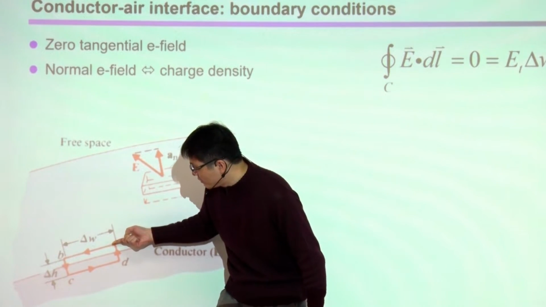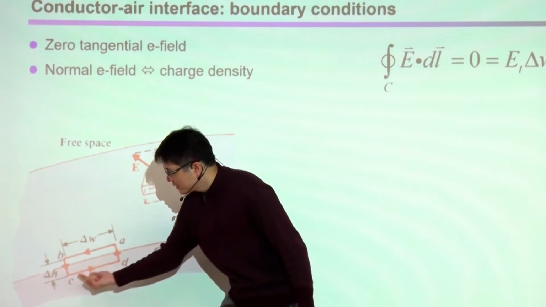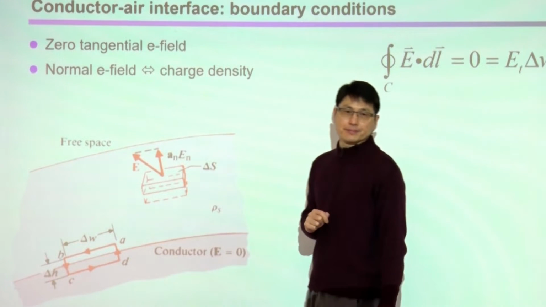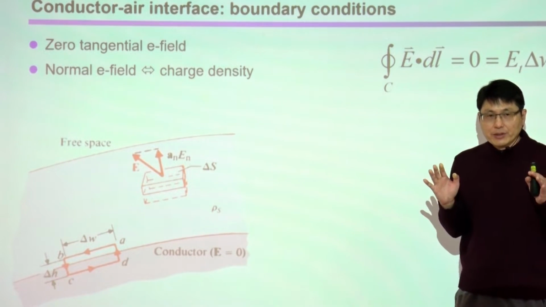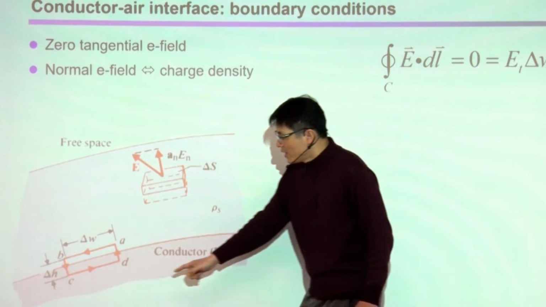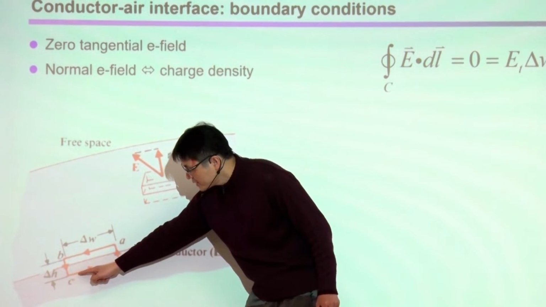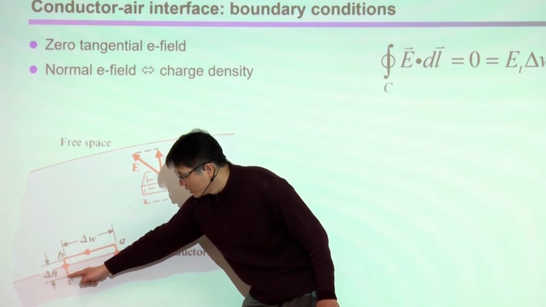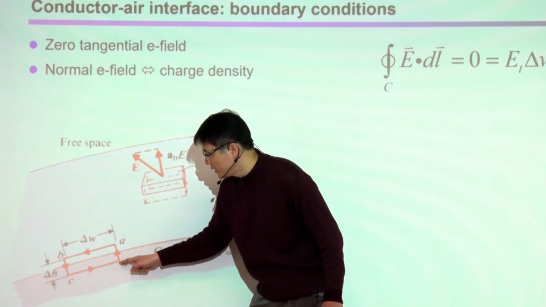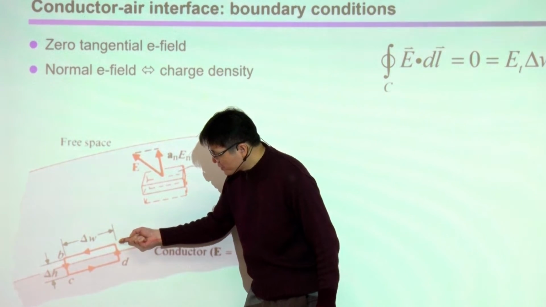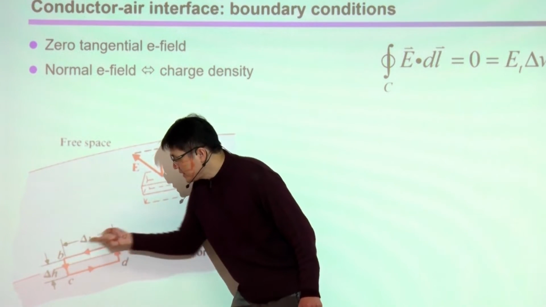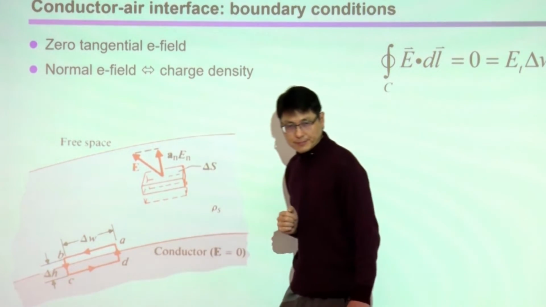You only need to evaluate the top segment and the bottom segment. So you only have to calculate the line integration of the E field inside the metal along the path C to D, and the E field contribution along the AB segment in air.